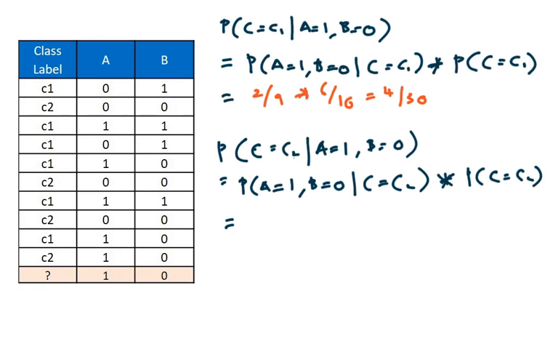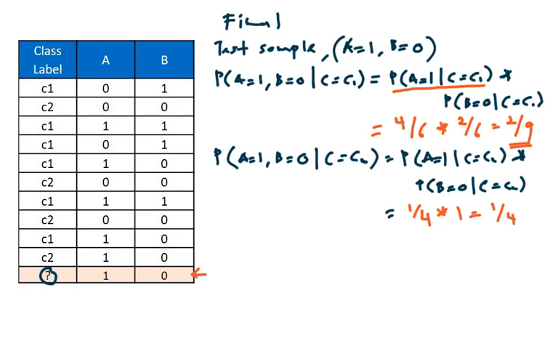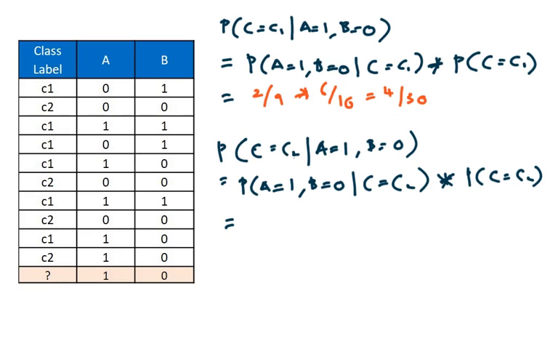If you go back to our previous slides, it's going to be 1/4 multiplied by 4/10. This will give me 3/30.